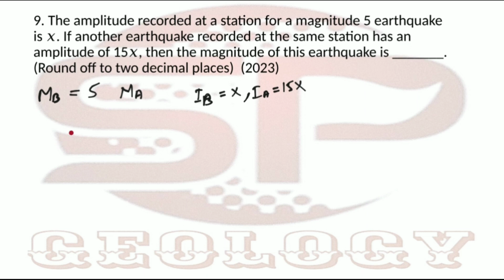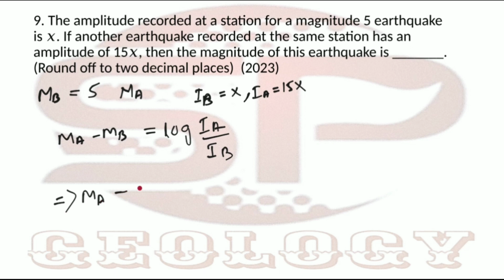There is a formula: Ma minus Mb equals log Ia by Ib. So we have to find Ma: Mb is given as 5, plus log of 15x divided by x.